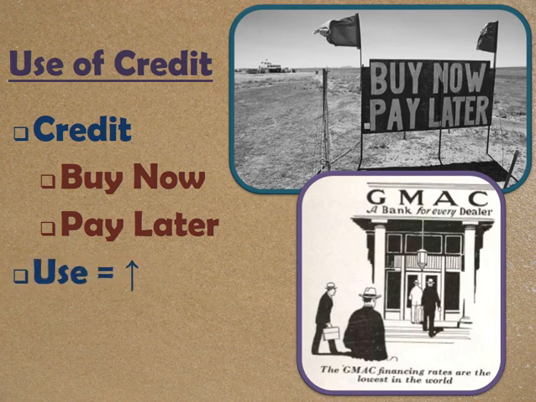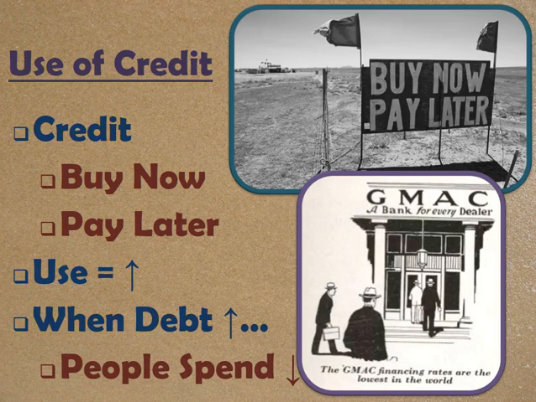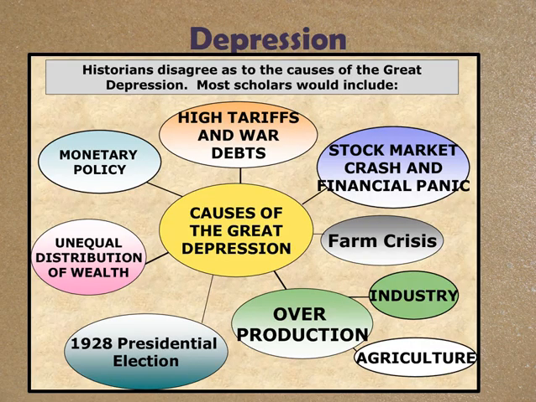But as more and more people are using credit, eventually they get into so much debt that they can't afford to pay it back. And when people start to get too much debt, they stop spending money. They realize, I can't even pay back the money that I've already borrowed, so I'm not going to spend any more money. And when the spending stops, that whole trickle-down effect that we saw is going to take place.